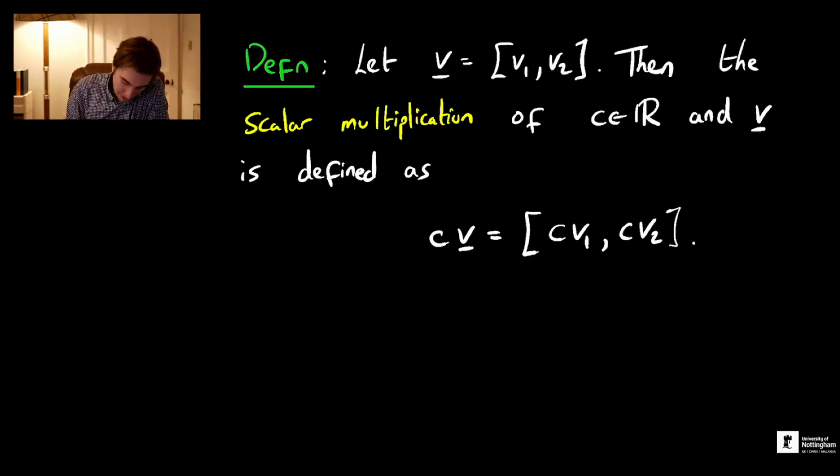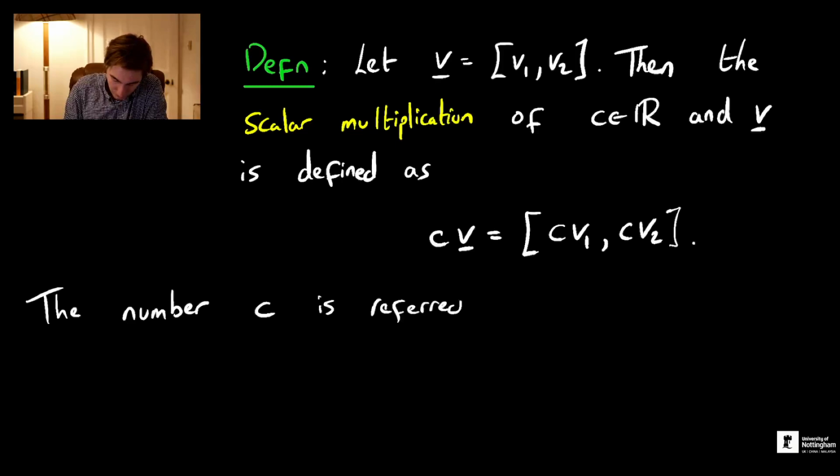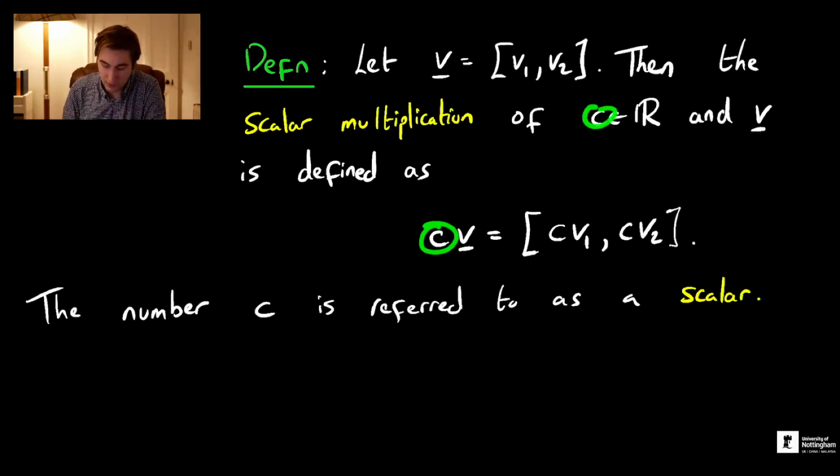And we write, the number c is referred to as a scalar. That's why we refer to things as scalar multiplication, because we multiply vectors by these numbers c, in other words, real numbers, which we call scalars.